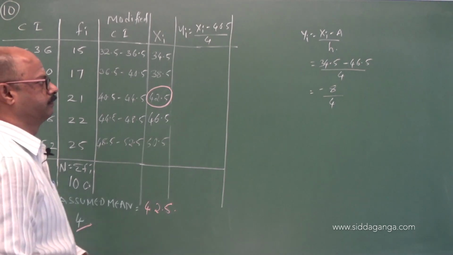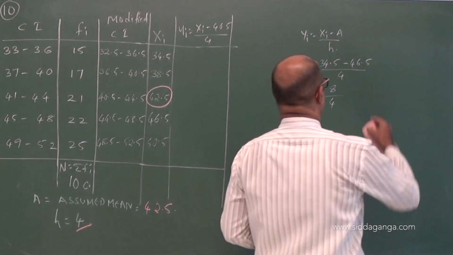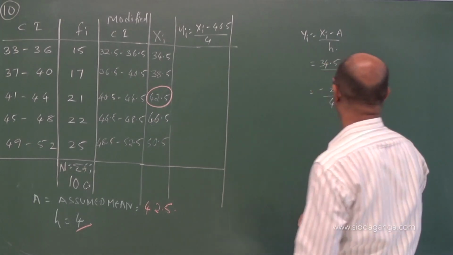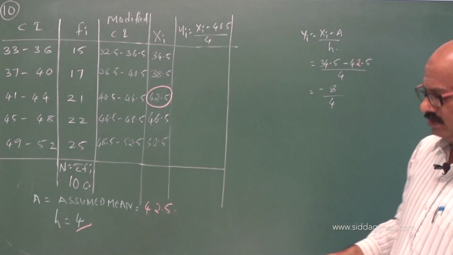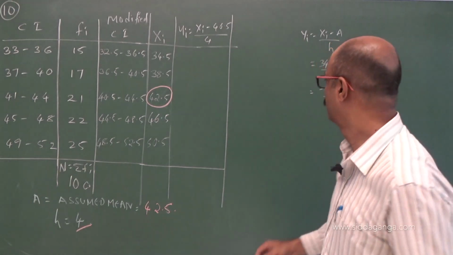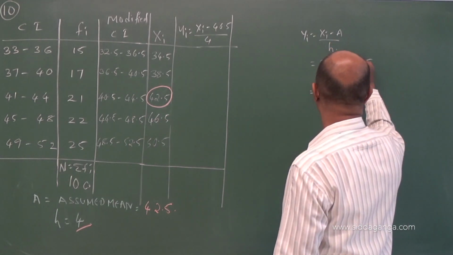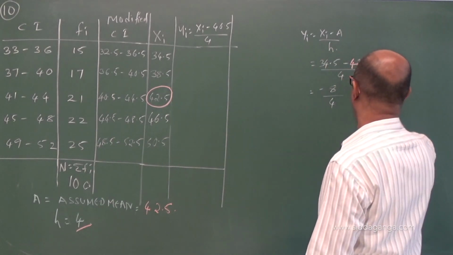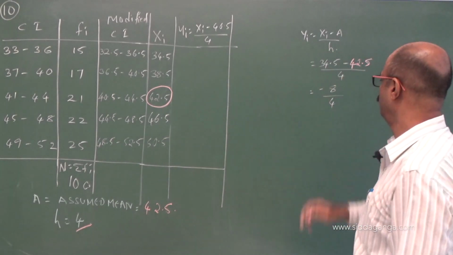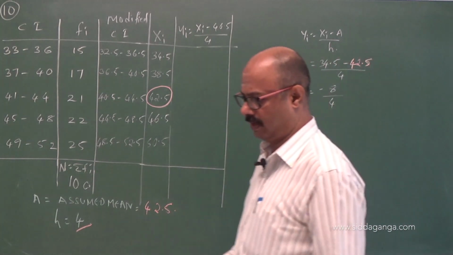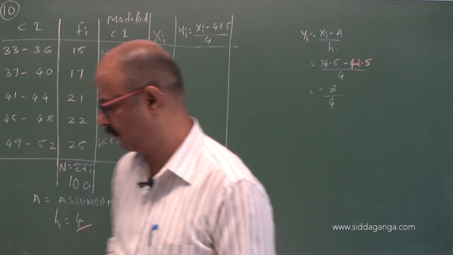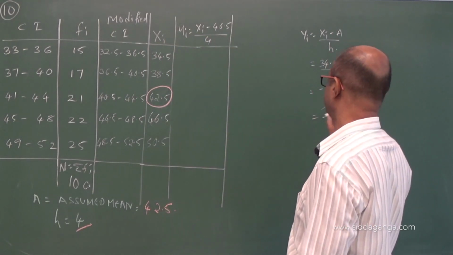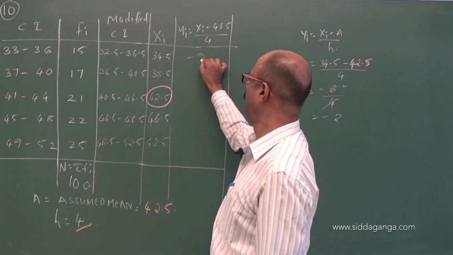H is 4. So A is 42.5. So you will get 34.5 minus 42.5. If you subtract, you will get minus 8. Minus 8 divided by 4, 4 twos are 8, they get cancelled. You will get minus 2. So you will write minus 2 here.